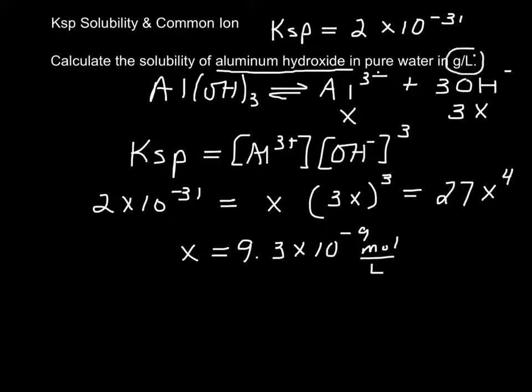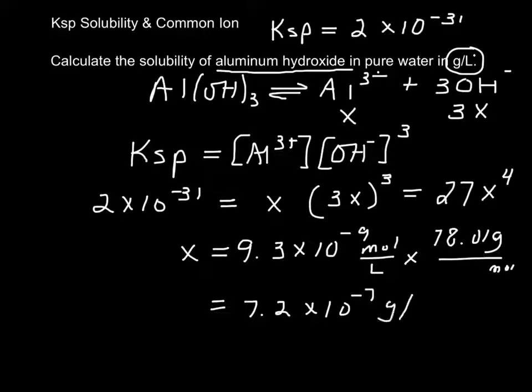This problem is asking us to do it in grams per liter, so all we have to do is change moles to grams. And if you figure out the molar mass of aluminum hydroxide, it is 78.01. So if you multiply that all out, you get 7.2 times 10 to the minus 7 grams per liter.